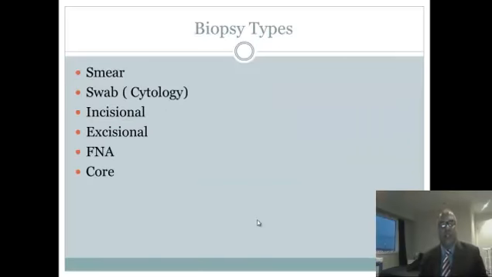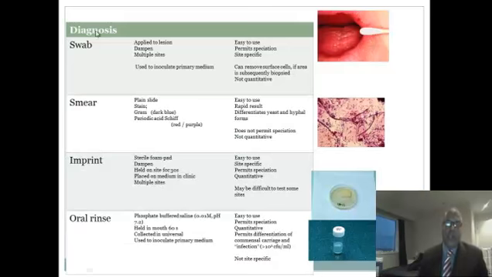So some of the things in oral medicine available when we're looking at mucosal lesions: a swab, a smear, incisional or excisional biopsy. An incisional biopsy is where you take only part of the lesion, whereas an excisional biopsy is done where you've got a small enough lesion that you might as well take the whole lesion. Fine needle aspirate or core biopsy.